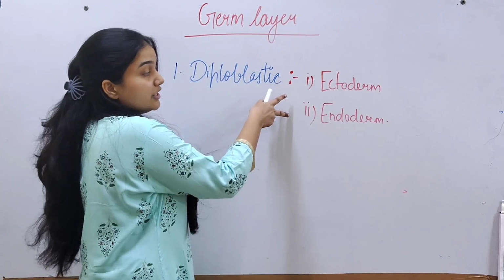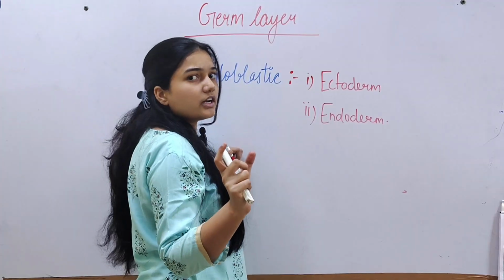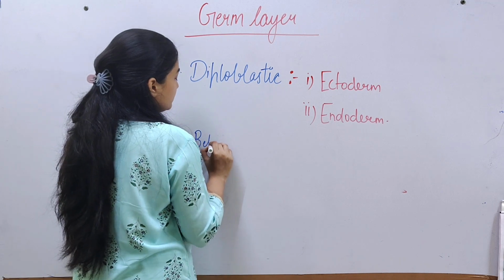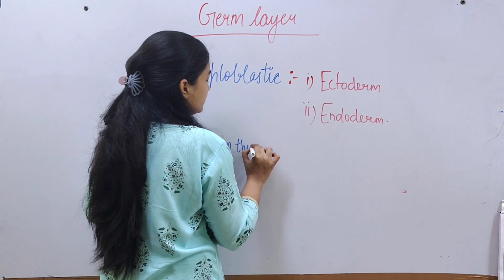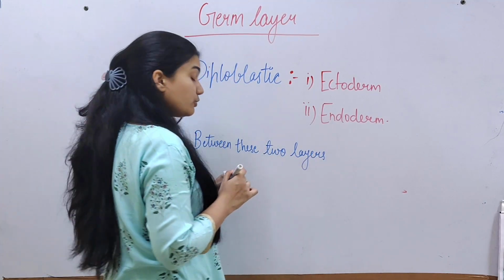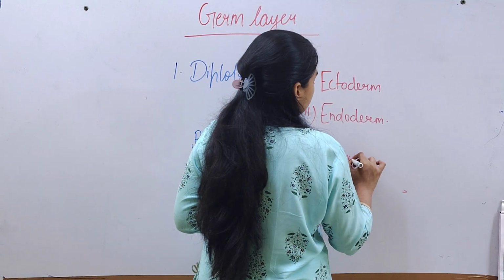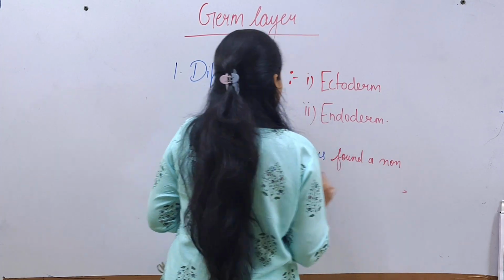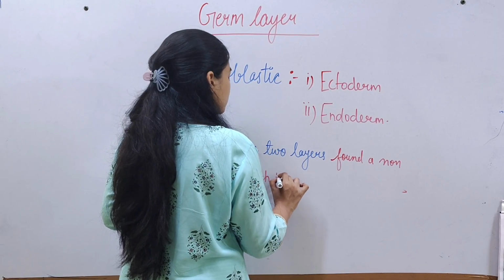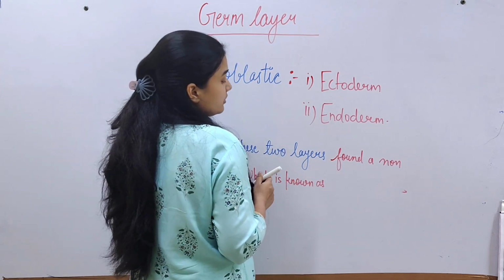And between these two layers, a non-cellular layer is found, which is known as the mesoglea.